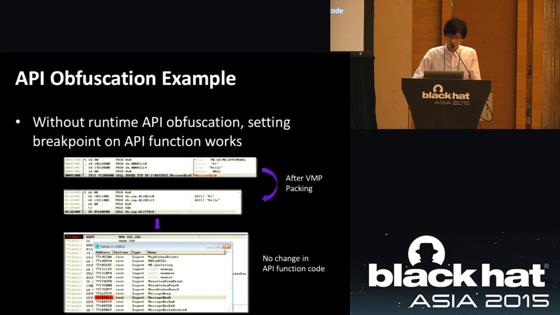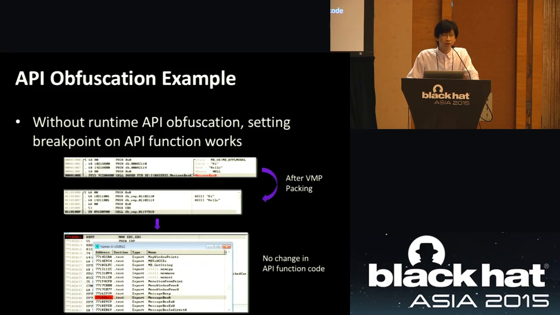For example, when we obfuscate our example program with VMProtect, which does not use a runtime obfuscation technique, we can analyze it more easily than Themida, although it is using code virtualization to protect API calls.